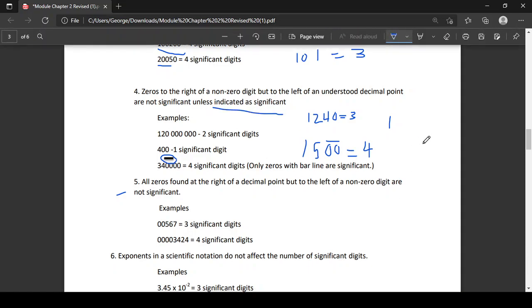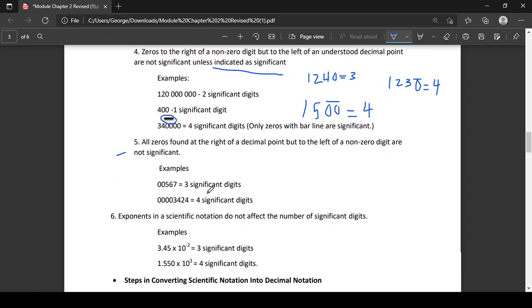Rule number 4. So, 1,500, ang dalawang zero may linya sa babaw. Pila? 4. 100. 1,230, may linya sa babaw ang zero. Pila? 4. So, that is rule number 4.